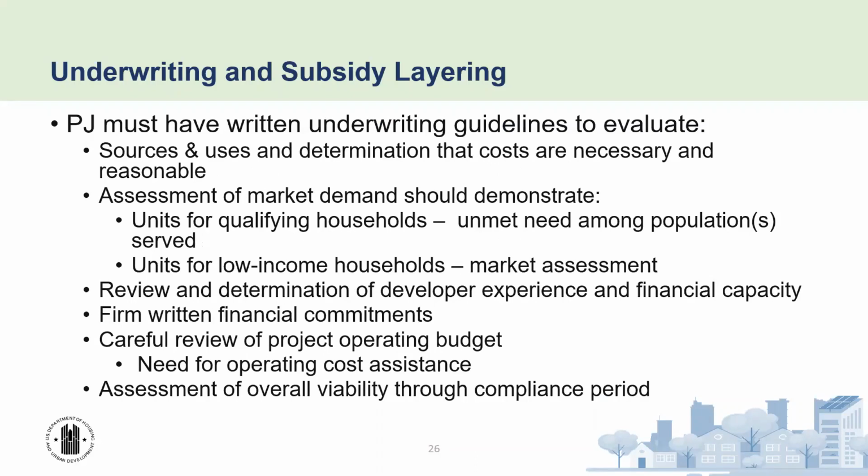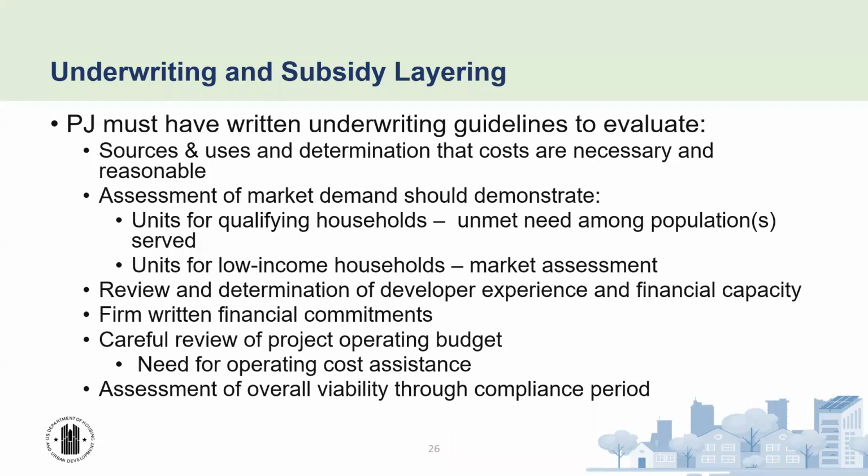So to assess the unique financial needs of these projects throughout the 15-year compliance period, PJs must develop standardized underwriting guidelines that accommodate different types of projects. PJs with existing HOME rental underwriting standards can use those standards as a foundation for their HOME-ARP underwriting guidelines, but given the specific HOME-ARP project requirements, the guidelines will need revision.